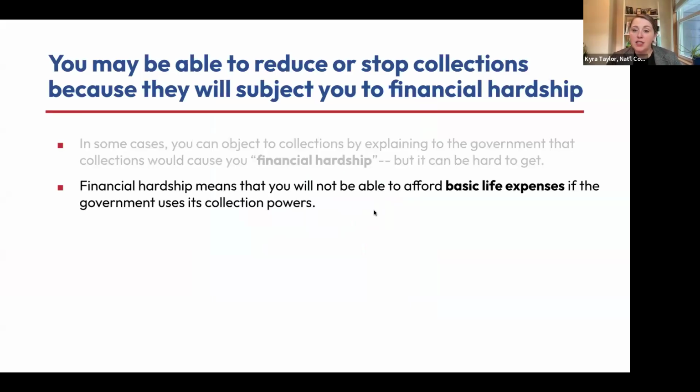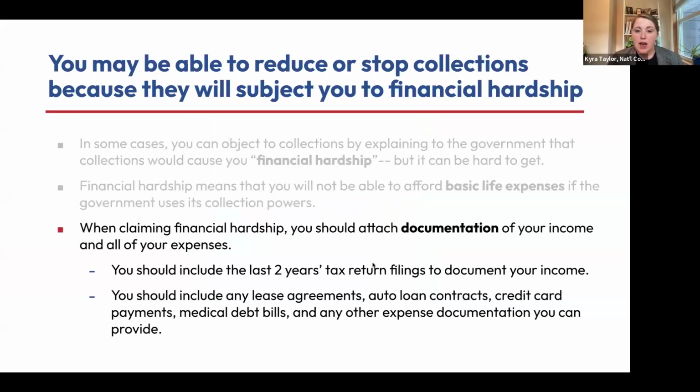The government defines financial hardship as being unable to afford basic life expenses, like you can't afford food, housing, medical expenses, if the government uses its collection powers. The government also requires that you attach documentation of your income and all of your expenses.